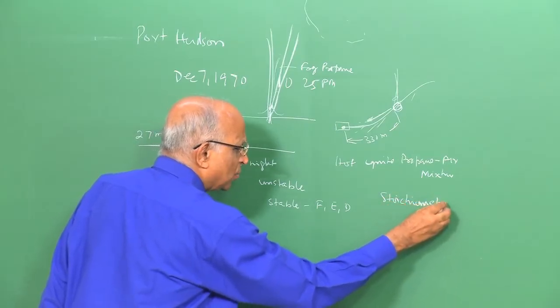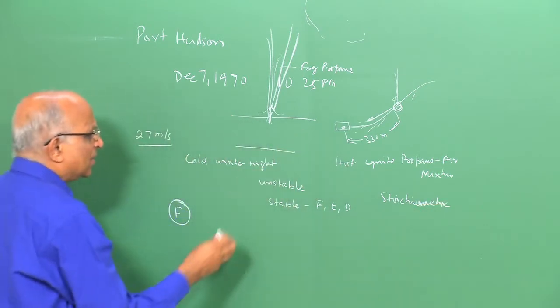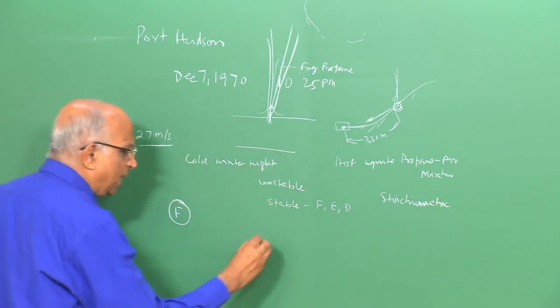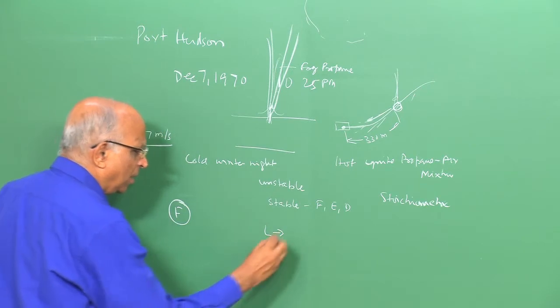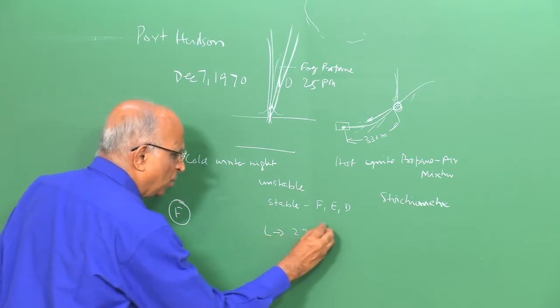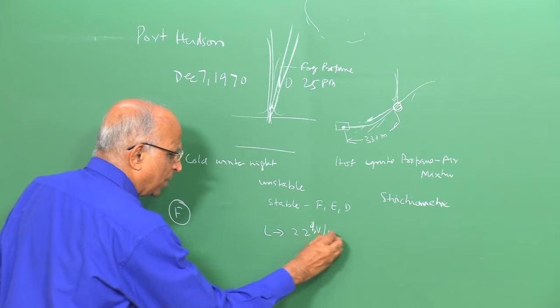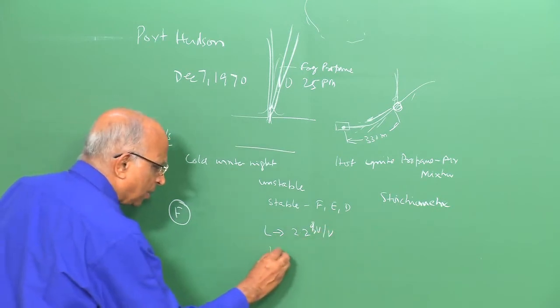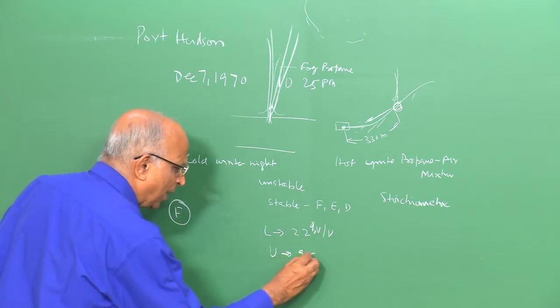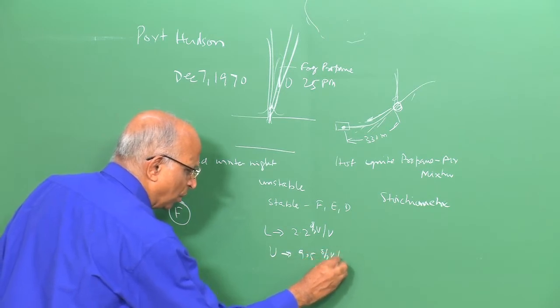Why should it be near stoichiometric? Let's say propane has a lean flammability limit around 2.2 percent volume by volume of propane in the mixture, and an upper limit around 9.5 to 10 percent volume by volume.